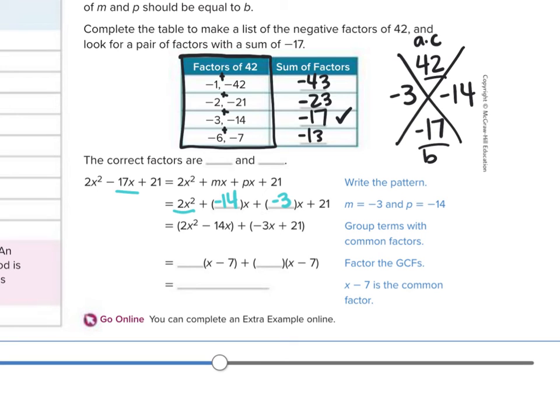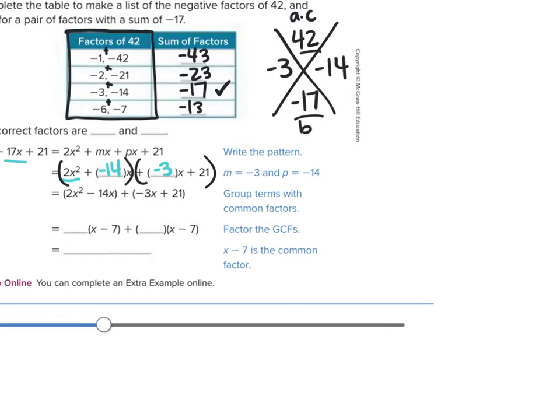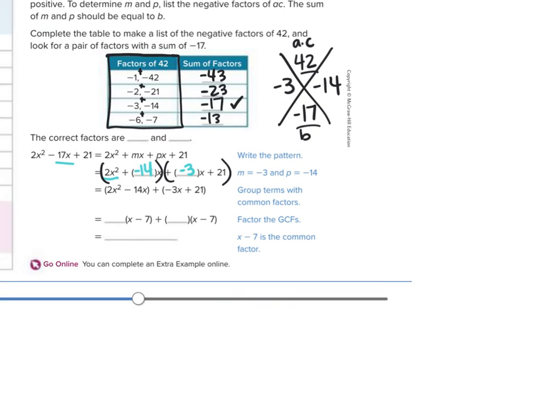Okay, from there it's 4 parts, so I'm going to group it up and then divide out the greatest common factor. For the first one, that'll be 2x. I'm going to kind of show this over here because I don't really have space where they have it.